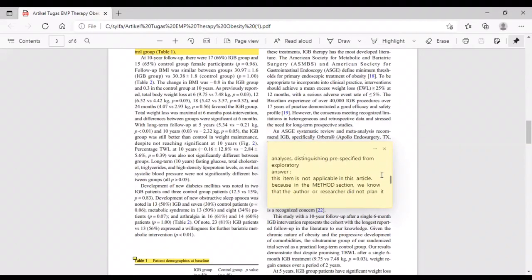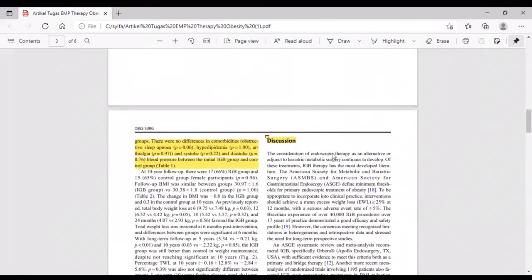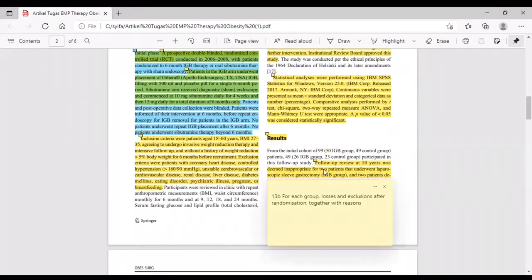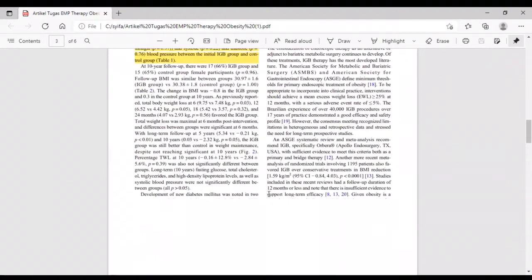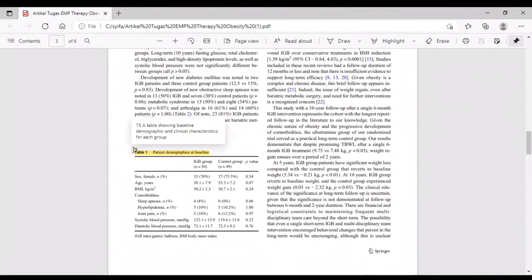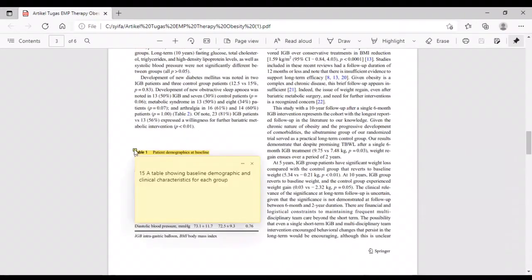And then checklist 15A. The point of 15A is a table showing baseline demographic and clinical characteristics for each group.